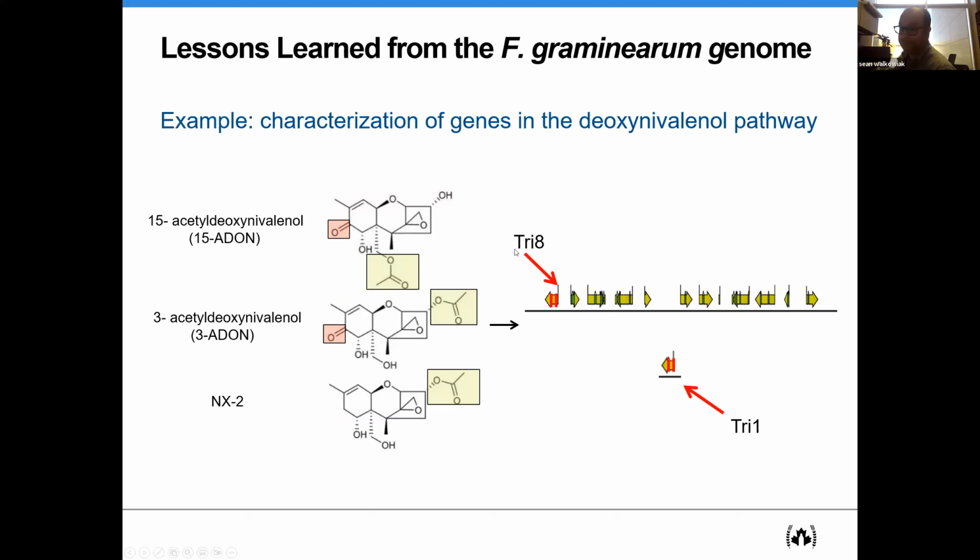There's allelic variation in this gene that can give rise to different forms of the toxin. And then there's another gene located outside of the cluster, TRI1, and allelic variation gives rise to this other toxin variant called NX2. I'm going to talk a little bit more about 15-ADON and 3-ADON, these two different toxin variants that are the result of allelic variation in the gene TRI8.